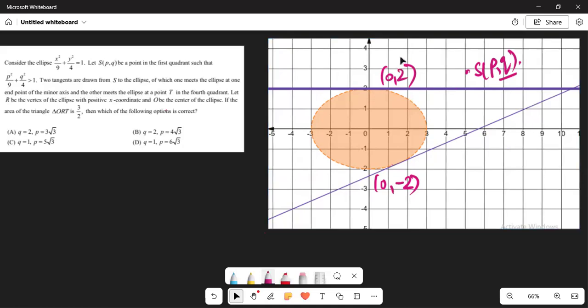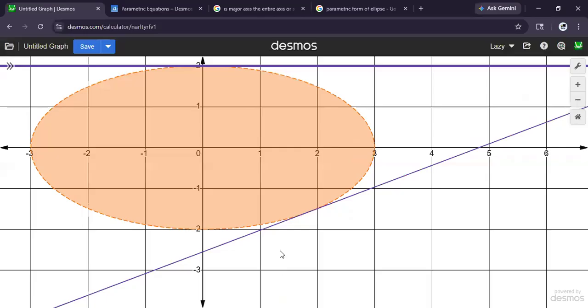You can also see it using the graph. I can show you in Desmos.